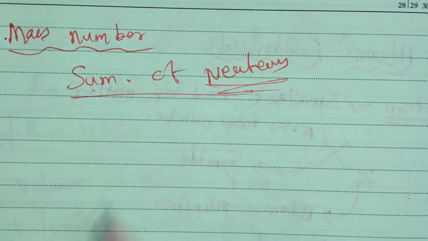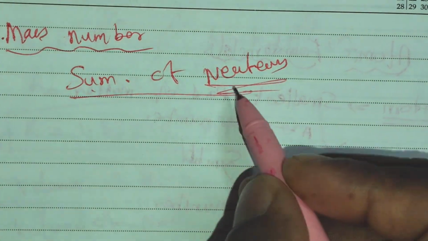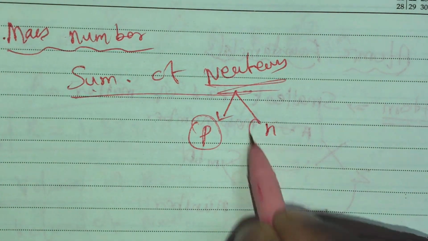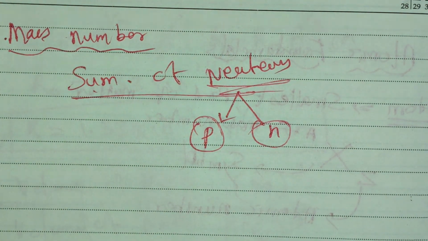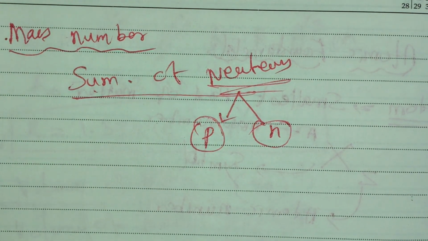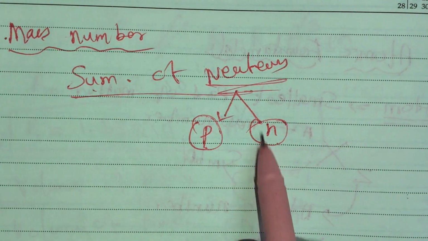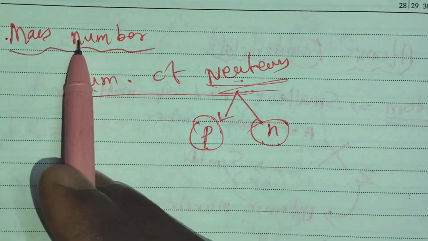So the sum of the nucleons is the mass number. What are nucleons? Nucleons are proton and neutron. These two particles are present in the central part, the nucleus. The sum of the nucleons is the mass number.